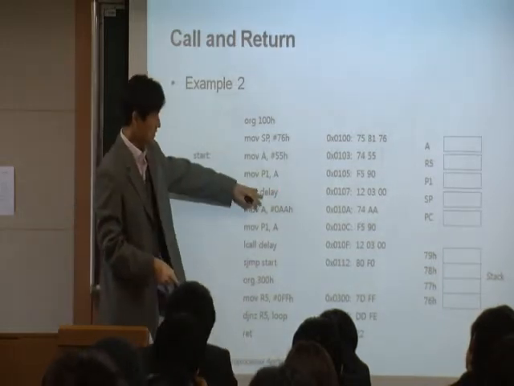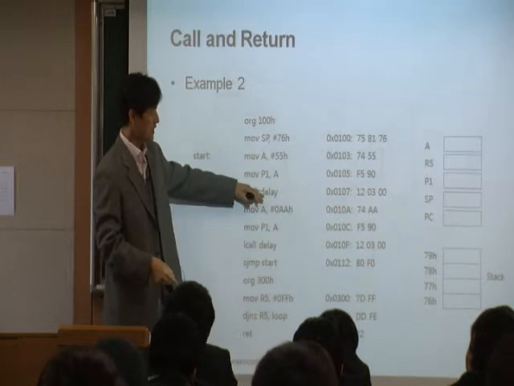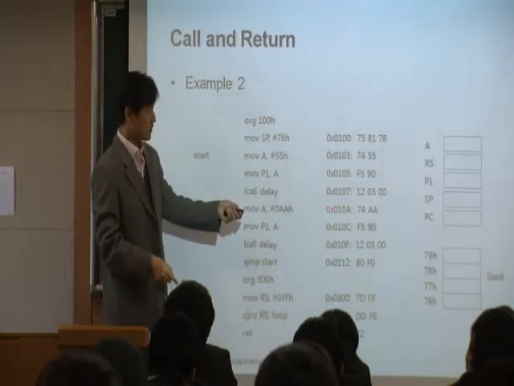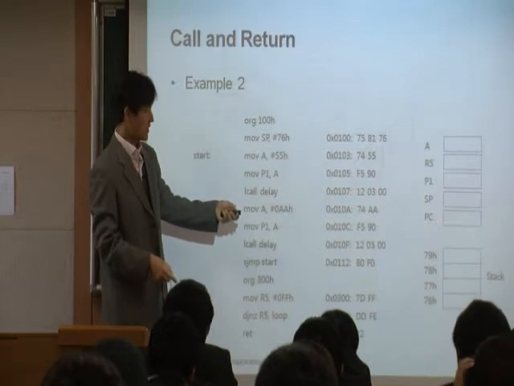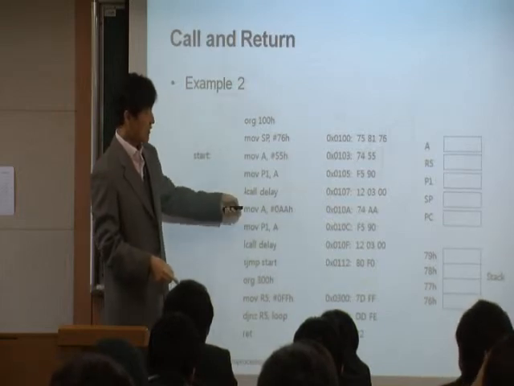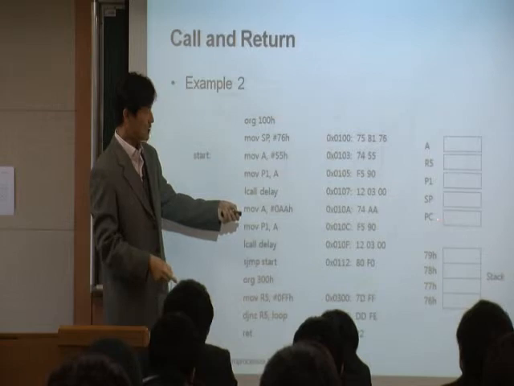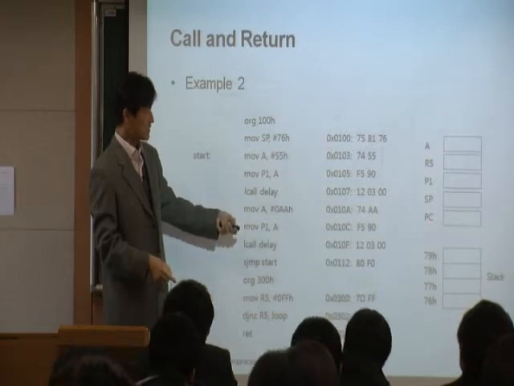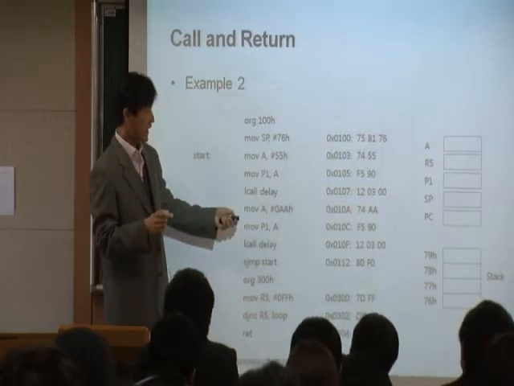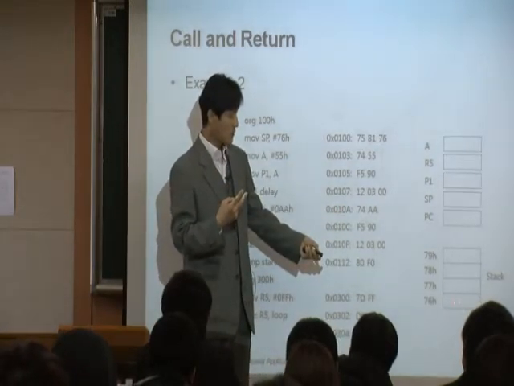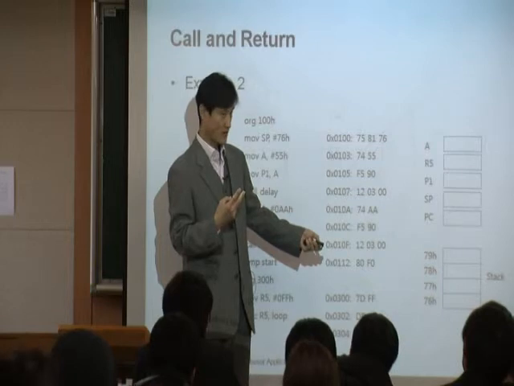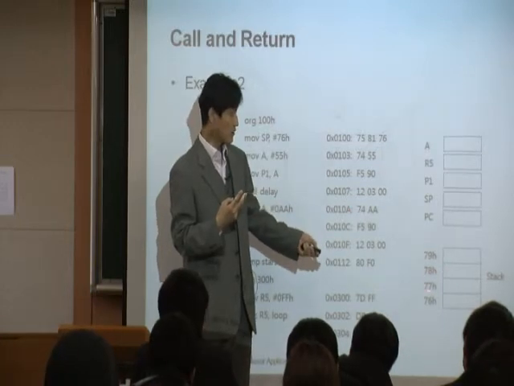When you execute this line, program counter has the value of 10A. 10A was there. But suddenly, since I do a call, this 10A is copied to 76. And remember, this is 10A, so therefore these are 2 bytes. So stack pointer will be incremented to 78. And 10A goes to here.